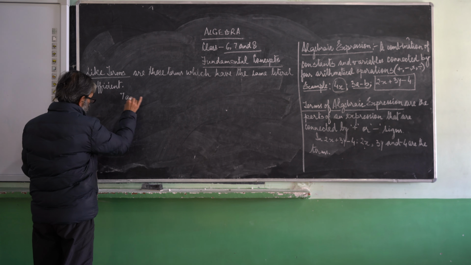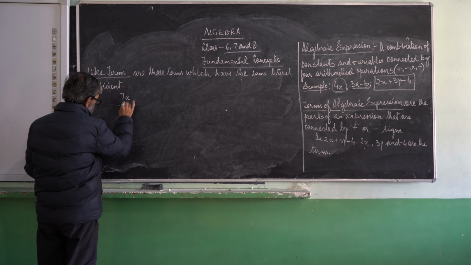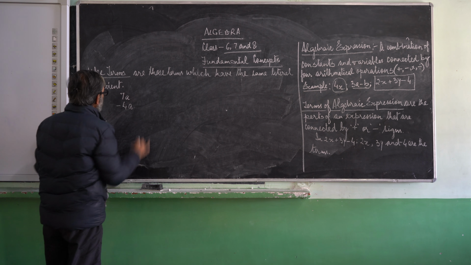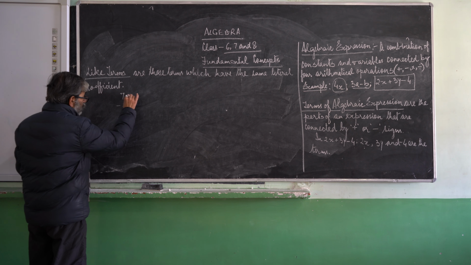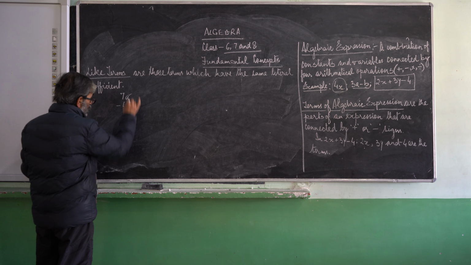Suppose these are two terms, 7a and minus 4a. These can be termed as like terms. Why? Because the literal coefficient is same, that is a.